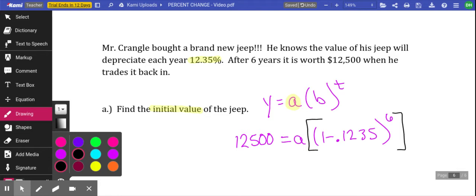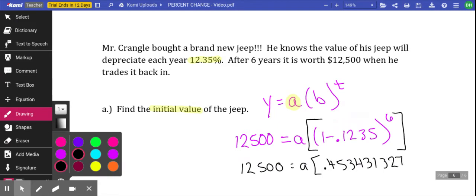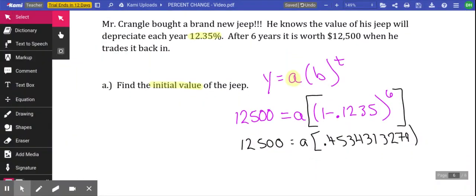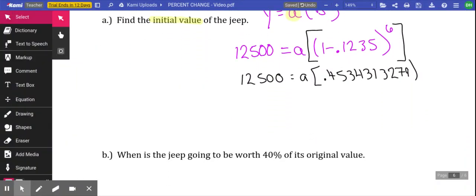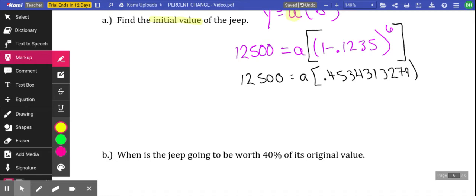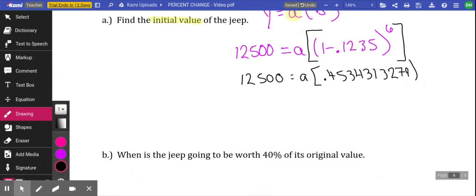Okay, very, very long decimal, but I'll do my best to write it out so you got an idea if you're on the right track. It's about 0.4534313279, and then we're just going to divide that number to the other side. So we're just typing in 12,500 divided by that big crazy number.